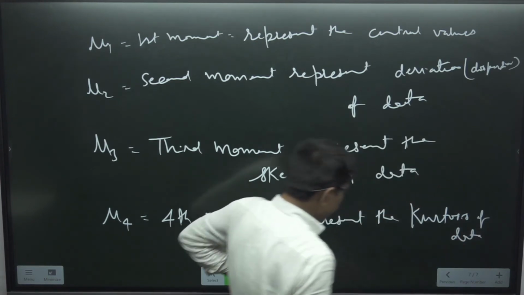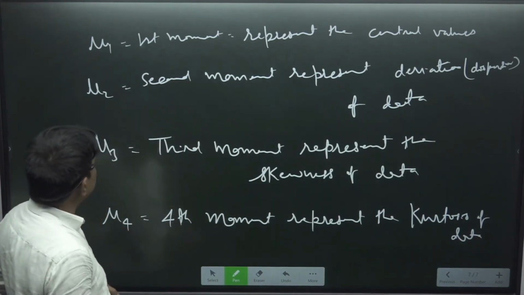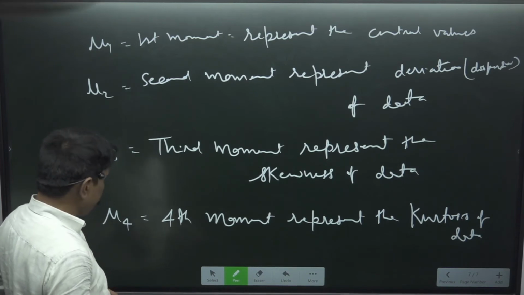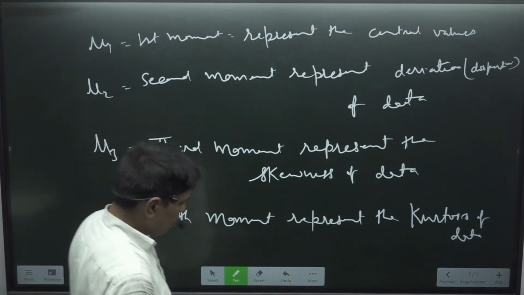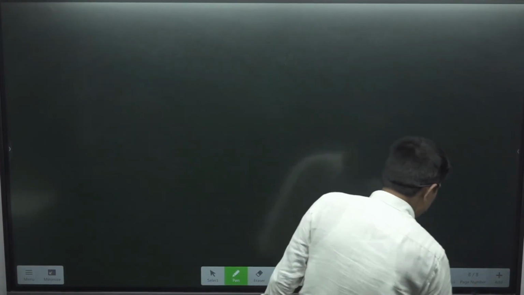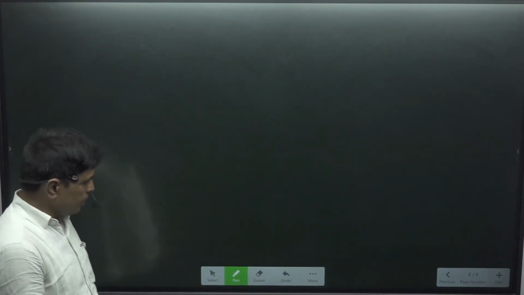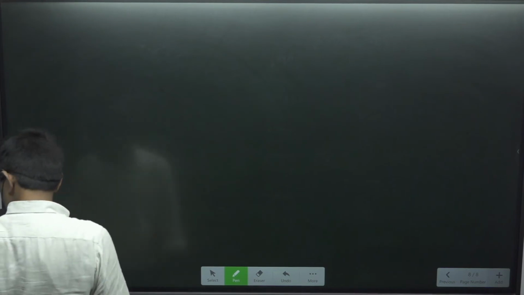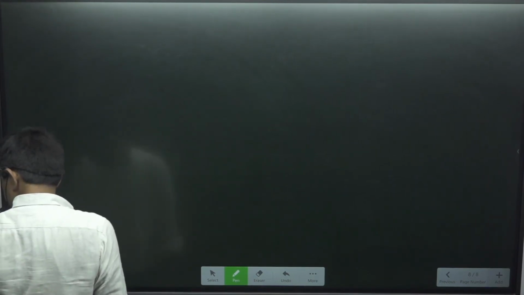So one by one we give some examples, we take the example and find this, okay. These are the basic concepts, okay. We take some examples and solve this, okay.